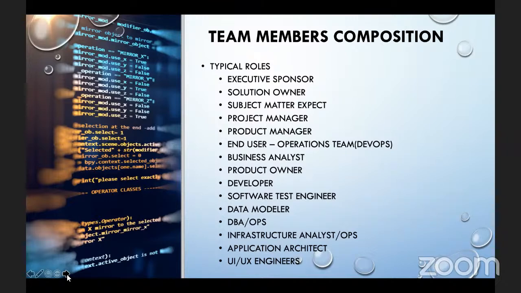So the executive sponsor is the main person. If you need any information about this project, you should go to him. If you have a roadblock, something that needs to be escalated, it has to be the executive sponsor, because he cuts the check for everybody. He's the money man. He pays every member of the team, the development team and so on.